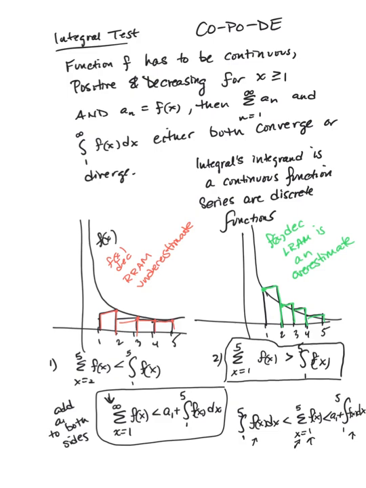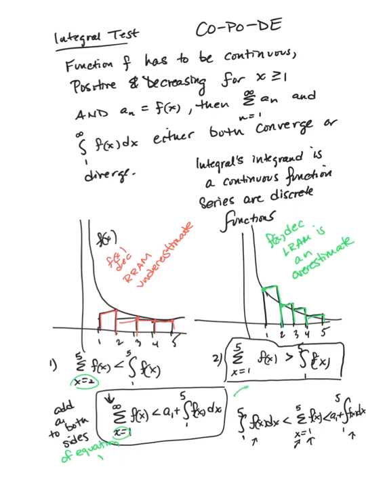Okay, so now I'm going to add a 1 to both sides of equation 1. And I end up with the bottom index changing from a 2 to a 1. So the series f of x from x equals 1 to infinity is less than a sub 1 plus the integral from 1 to 5 of f of x dx.